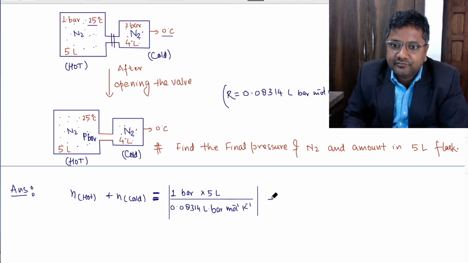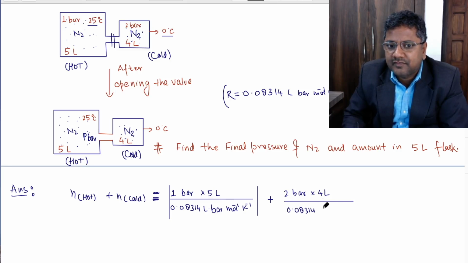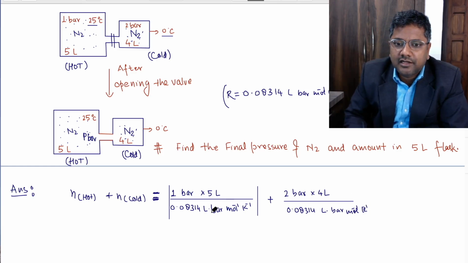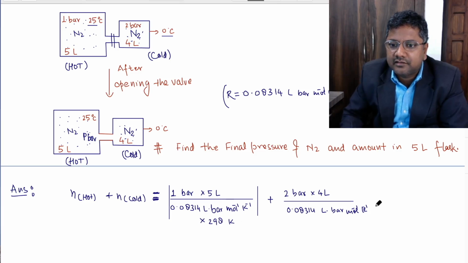Plus 2 bar into 4 liter divided by 0.08314 liter bar per mole per degree Kelvin, and here temperature is 298 Kelvin, and here temperature is 273 Kelvin, right?